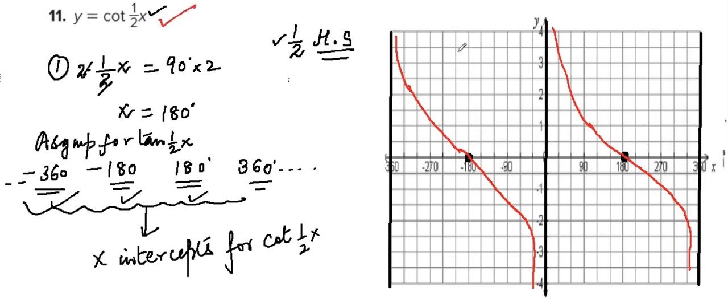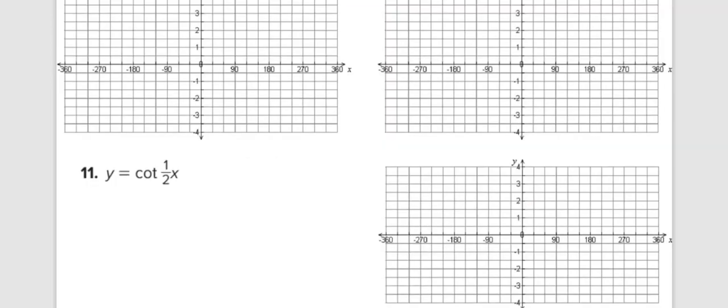And what are the asymptotes? Asymptotes are 0, then we have 360, and on this side we have minus 360, right? So this is the difference between cot x, and I can show you this in Desmos. Let me take you to Desmos. Let me draw the graph.